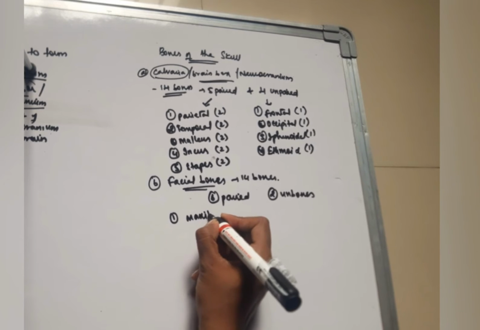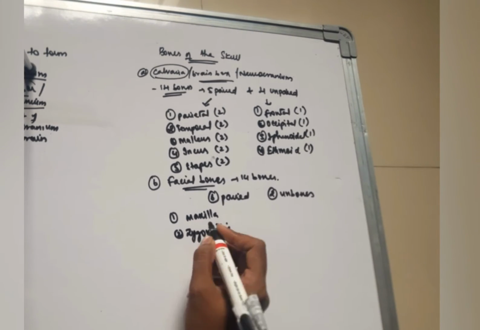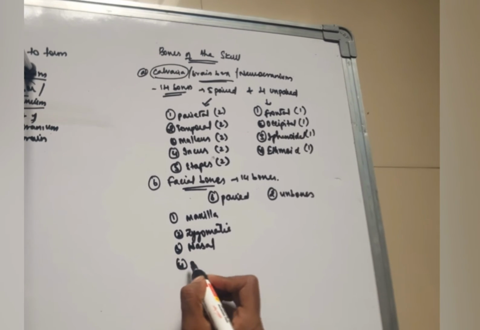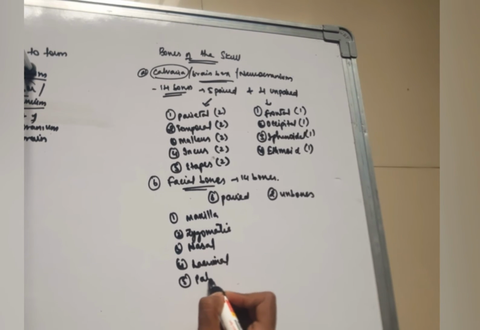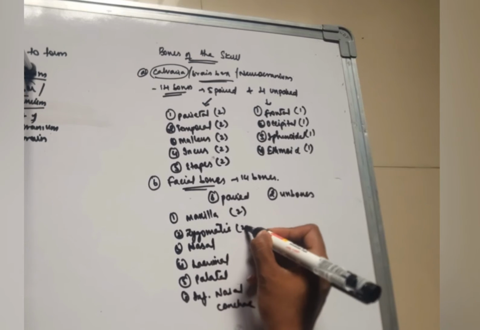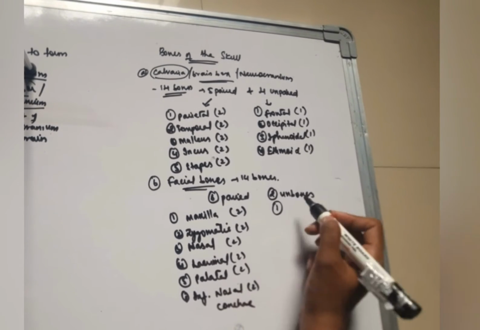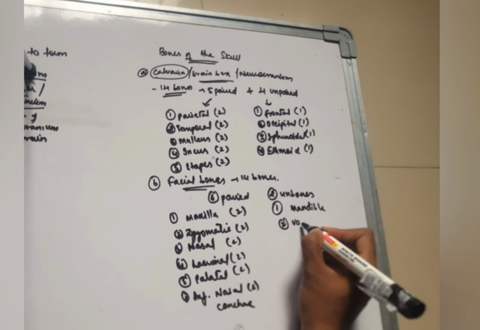Maxilla, zygomatic bone, nasal bone, lacrimal bone, palatal bone and inferior nasal concha. They are paired, that means 2 in number, 1 on each side. And the unpaired bones are 2 in number, they are mandible and vomer.